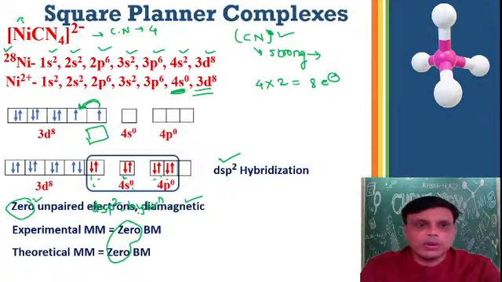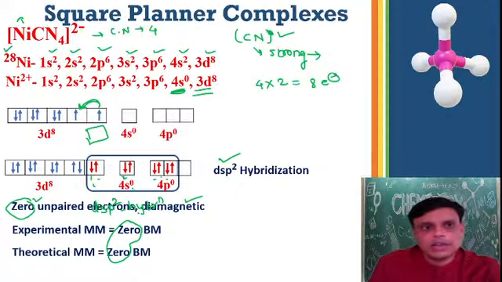Okay. So for Ni(CN)4 2-, please, if you are applying this VBT to a coordination compound, please see the nature of the ligand. If the nature of the ligand is a strong ligand, then due to this strong ligand, pairing of electrons will take place.